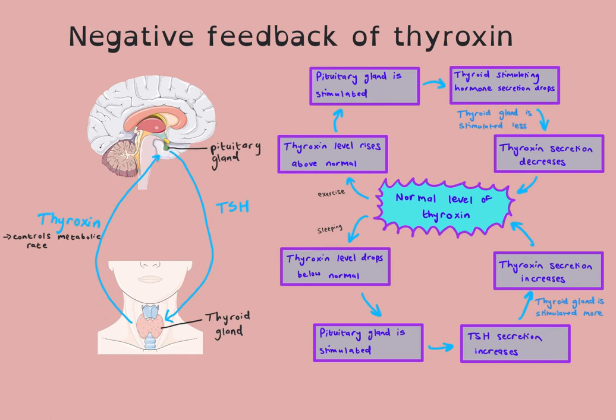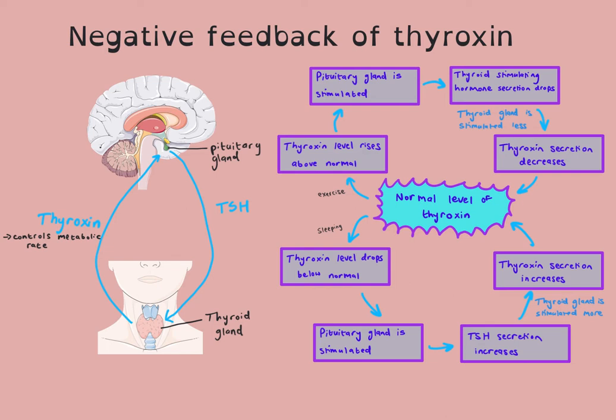But when you're stating it, you've got to name the glands, the pituitary gland and the thyroid, and you've got to say what each gland produces. So the pituitary gland produces TSH. If there's more TSH, the thyroid gland is stimulated more, which means it produces more thyroxin. Now, if that thyroxin is too high, the pituitary gland is stimulated by that high amount of thyroxin, so it lowers the TSH secretion.